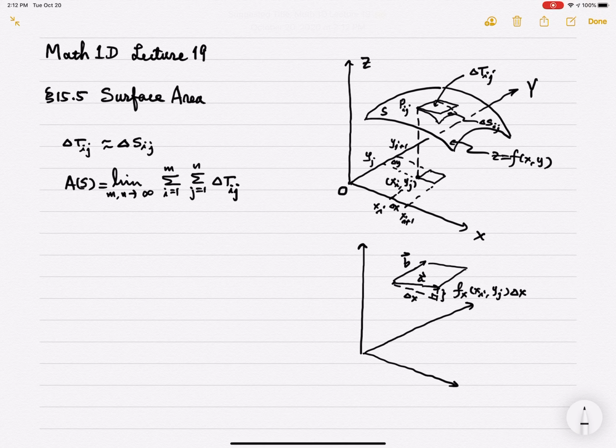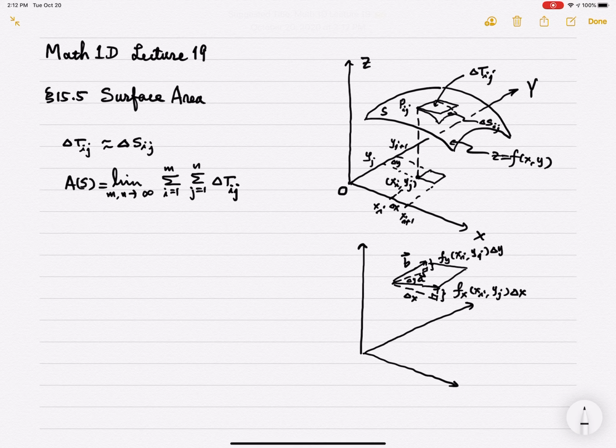And then here is the same. We draw a line parallel to the y-axis, so this is the right angle. Now of course this part is delta y, and this part is f sub y at x_i y_j times delta y.